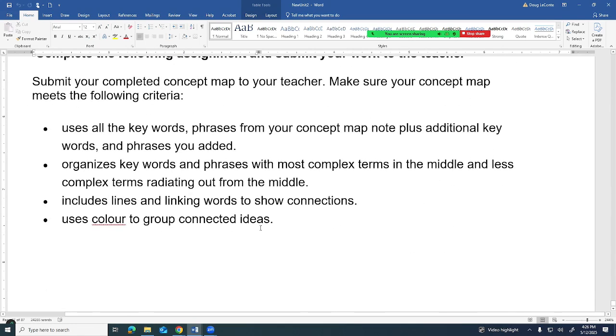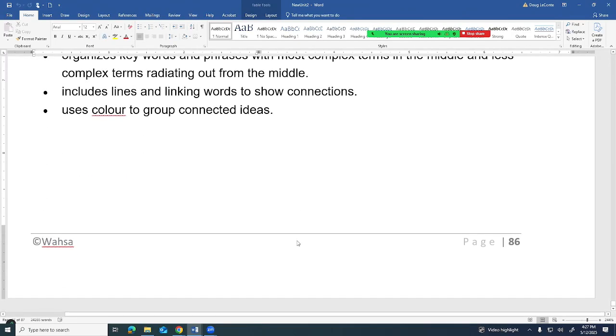Uses all the keywords and phrases from your concept map note, plus additional keywords and phrases you added. Organizes keywords and phrases with most complex terms in the middle and less complex terms radiating out from the middle. Includes lines and linking words to show connections and uses color to group ideas.